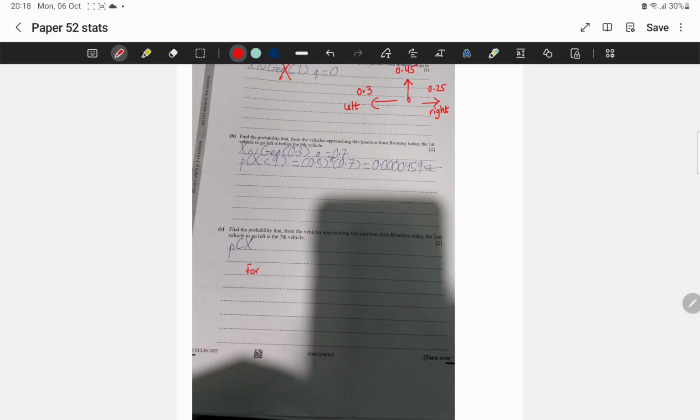For geometric, you need to stop at a specific success, the first success. For binomial distribution, you have a sample, which means that you will repeat the event a specific amount of times.